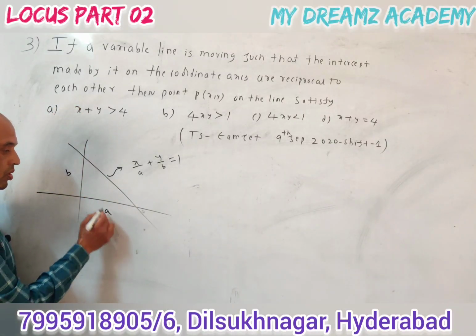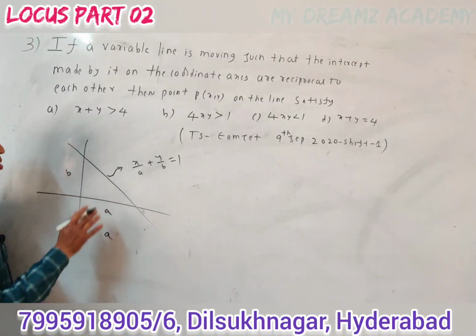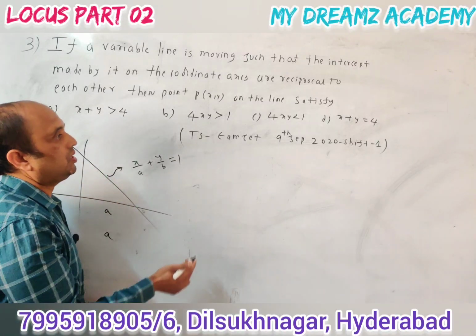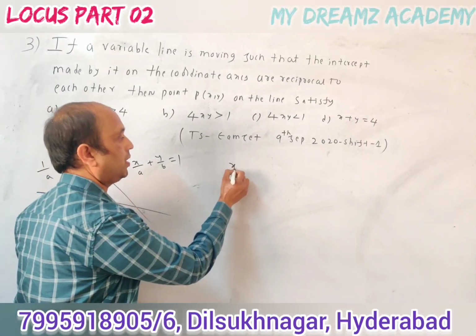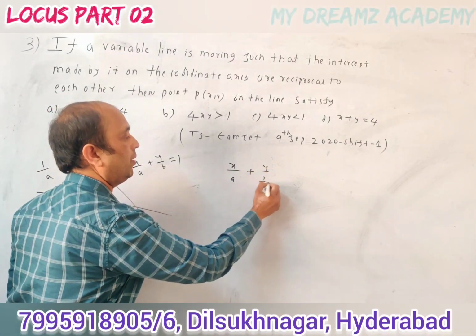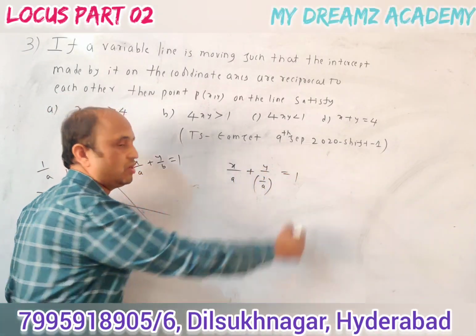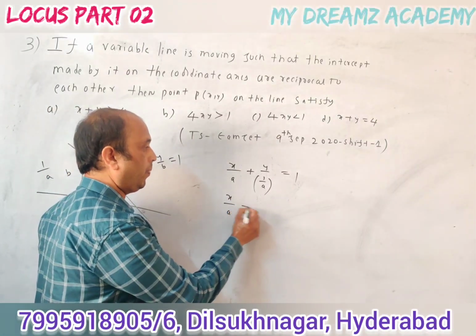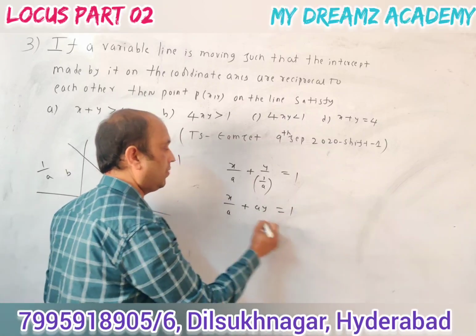If the x intercept is a, then the y intercept is 1 by a, so the equation becomes x by a plus y by (1 by a) is equal to 1. This is the equation. So here x by a plus ay is equal to 1.